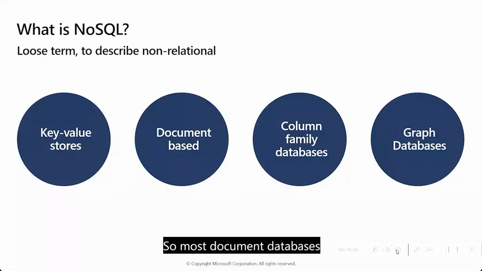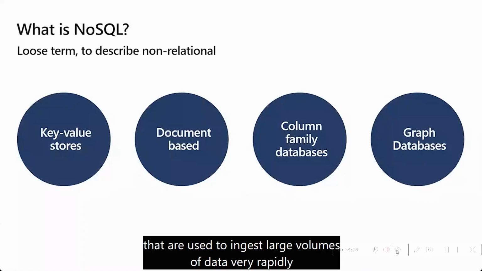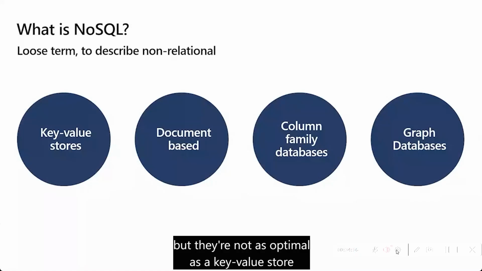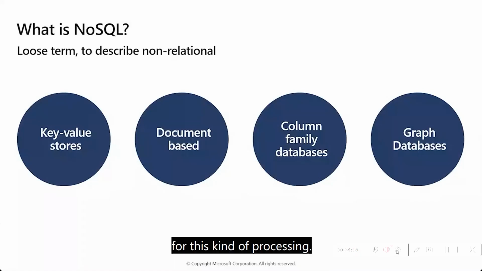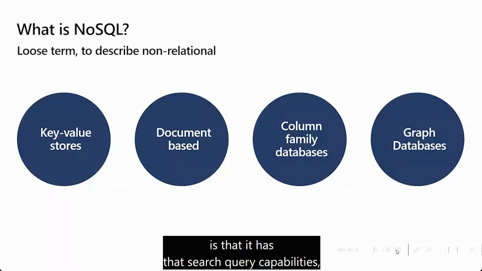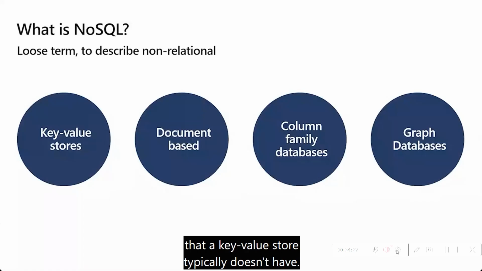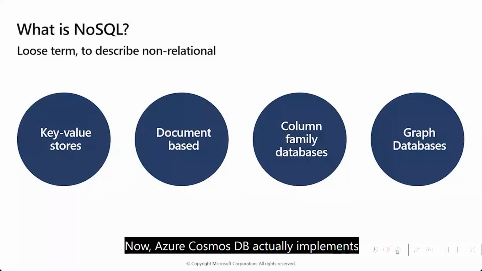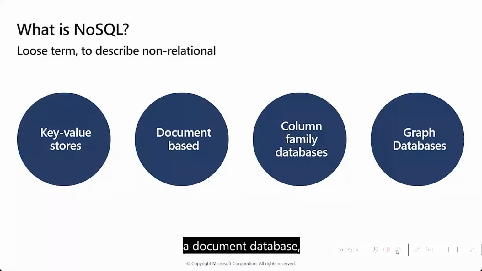Most document databases are used to ingest large volumes of data very rapidly in comparison to a relational database, but they're not as optimal as a key value store for this kind of processing. The main goal of a document database is that it has search query capabilities that a key value store typically doesn't have. Now, Azure Cosmos DB implements a document database using its core SQL API.